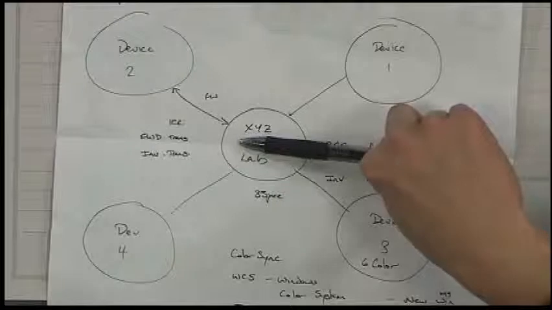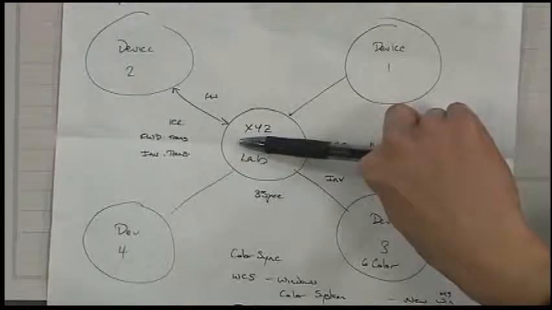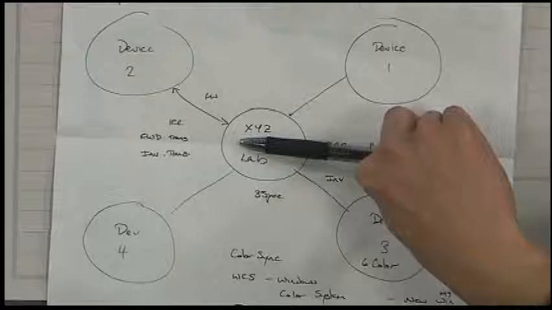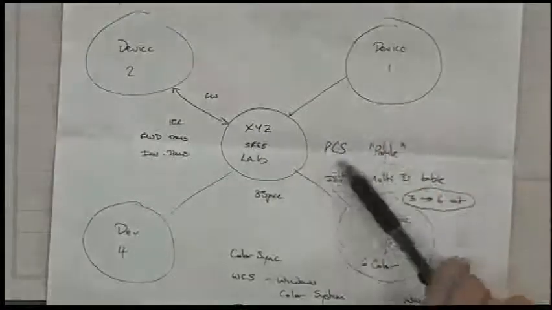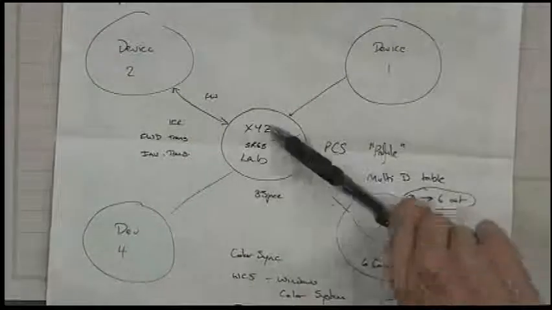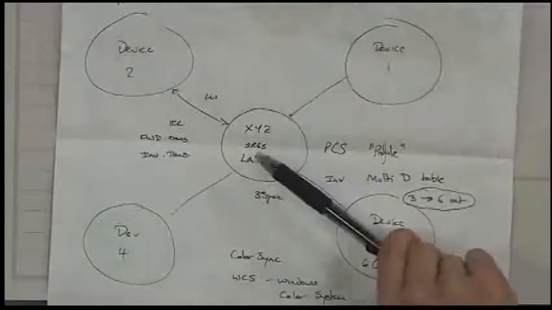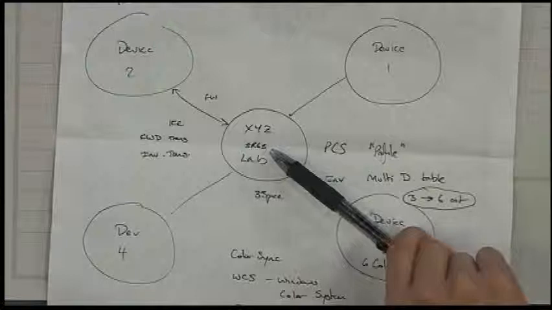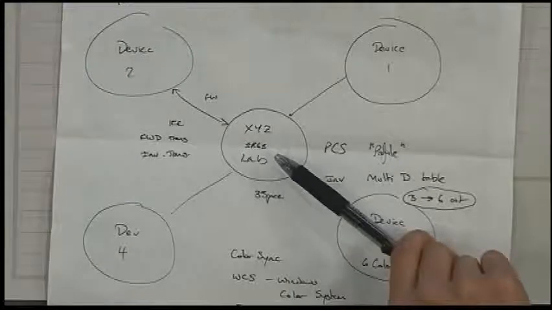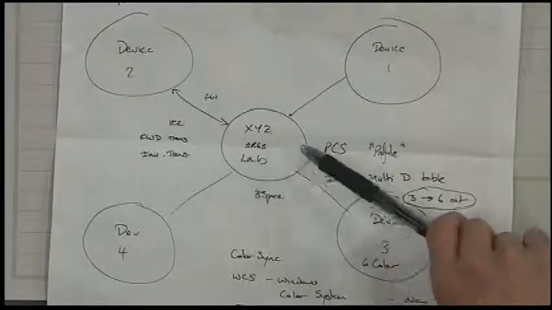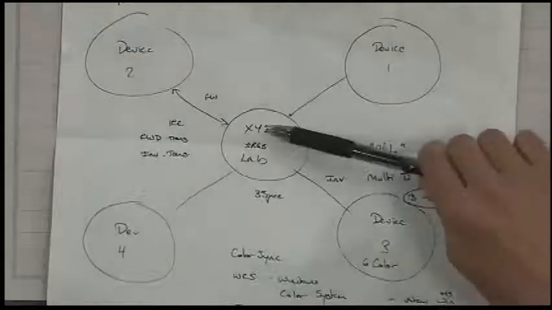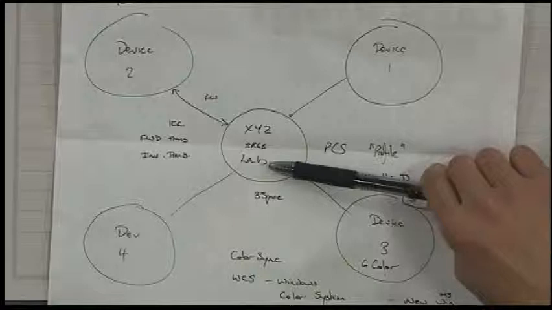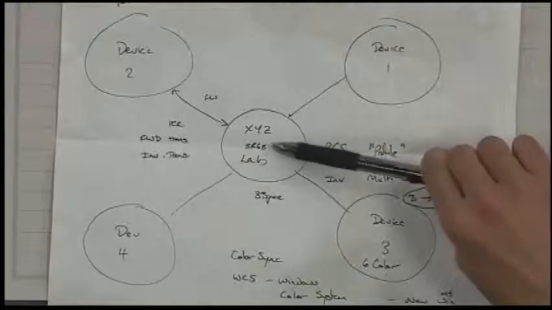And from what I learned from Mark, the ICC defined the profile connection space, the PCS, to be XYZ and LAB, but in practice the industry leaders, the Windows system and Apple system, more commonly use sRGB as the PCS.